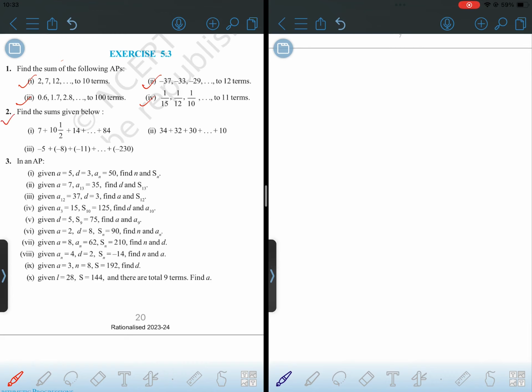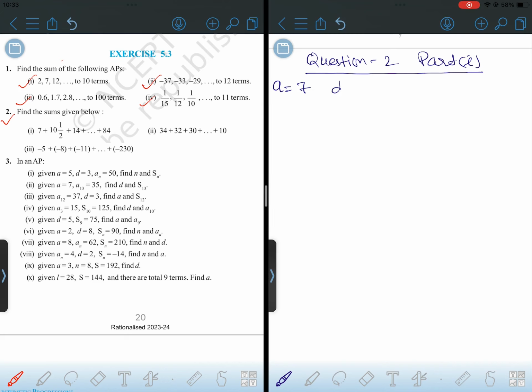Question number two, part one. So let me write it here. It says the first term is 7, a is equal to 7. Then the common difference will be how much?